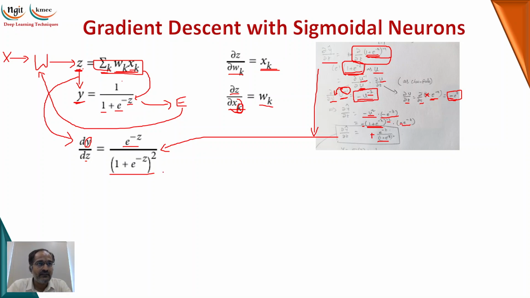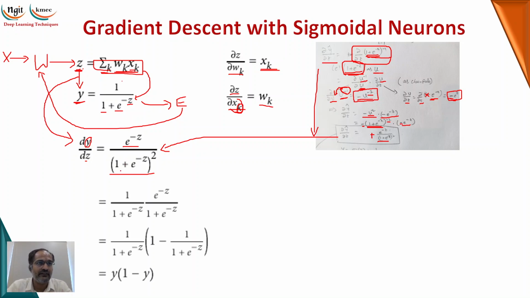Now let us continue this derivative. Actually there is a square, so we are separating it: 1 by (1 plus e^(-z)) times e^(-z) by (1 plus e^(-z)). The second term can be represented mathematically as 1 minus 1 by (1 plus e^(-z)). You can calculate this with cross multiplication and you will get this again.